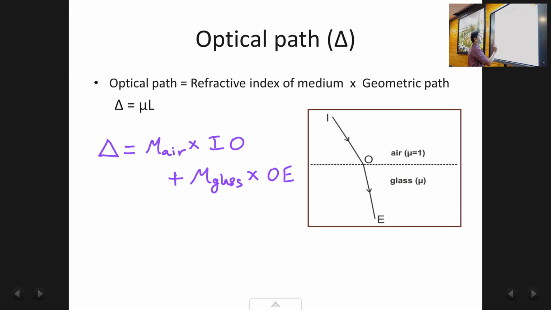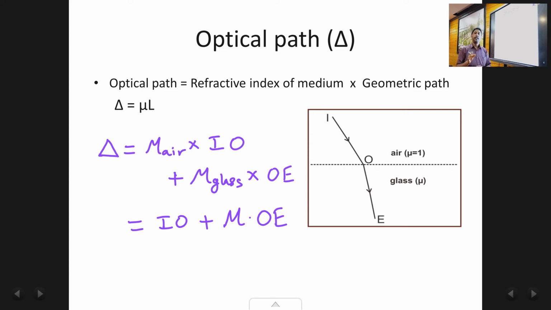So the total optical path will be mu air. We know the refractive index of air is approximately 1. So I can write this as IO plus refractive index of glass. Over here in the figure it is shown as mu. So it will be mu into OE. So for this example, the optical path traveled by the ray IOE is IO plus mu times OE.